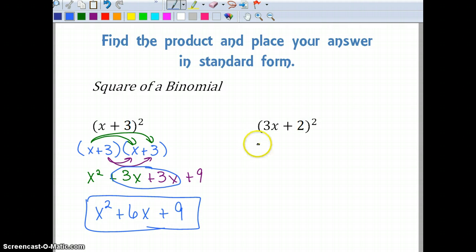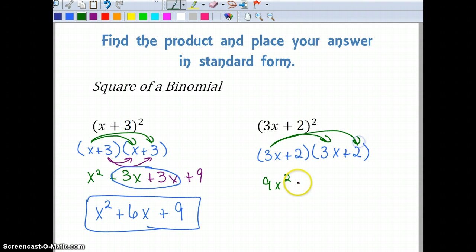Now 3x plus 2 squared, that means I have 3x plus 2 times 3x plus 2. Most common mistake is people forget that that's what that means. So be really careful with that. 3x times 3x gives me 9x squared. 3x times 2 gives me positive 6x. 2 times 3x gives me a positive 6x, and 2 times 2 gives me a positive 4.